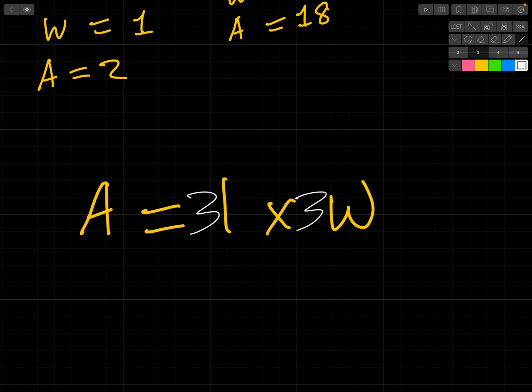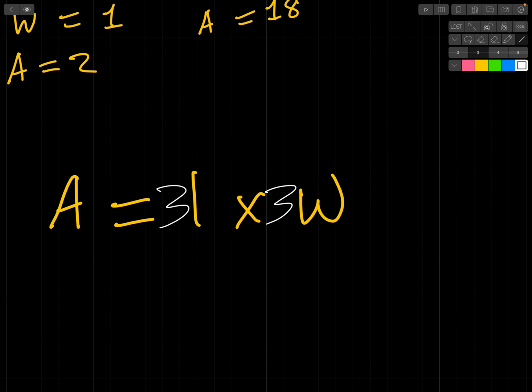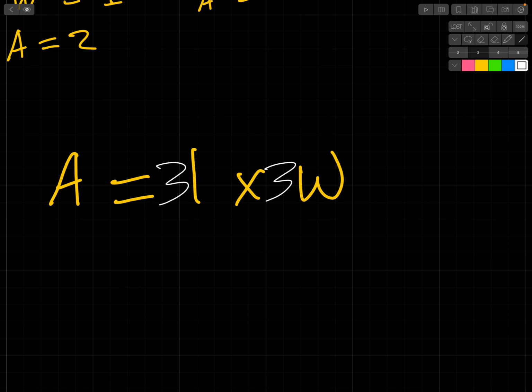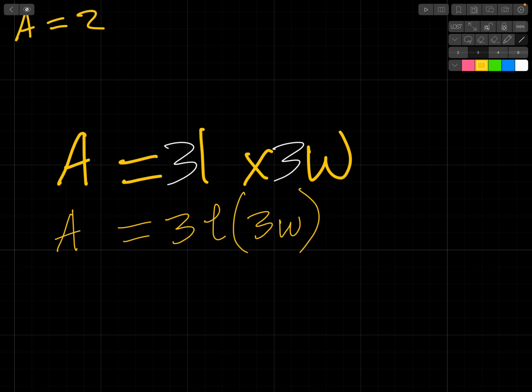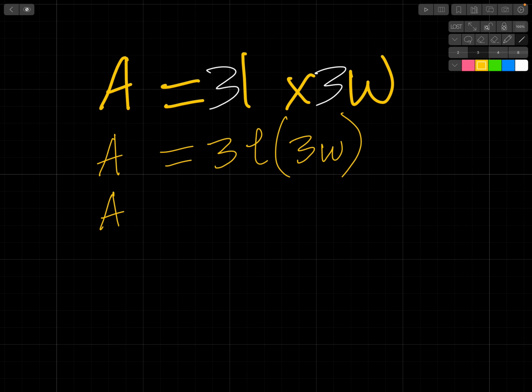So you see it's 3L times 3W. So now let's just complete it. If you don't know how to do it, you're just multiplying monomials.